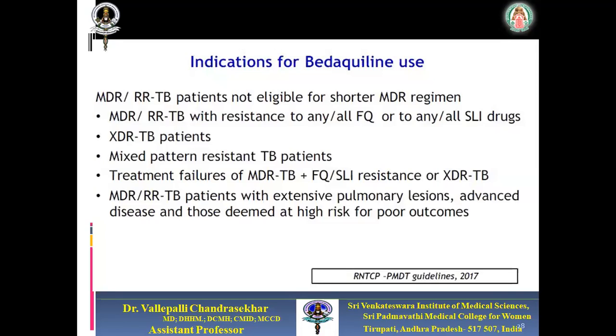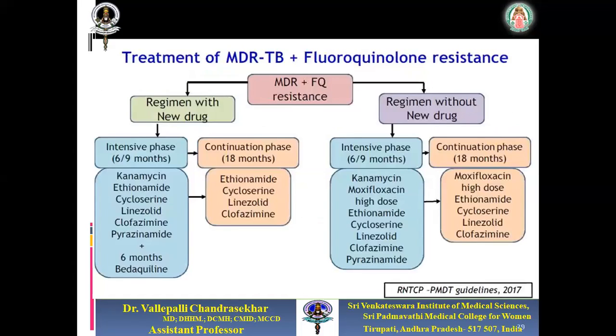Then XDR TB patients, mixed pattern resistant TB patients, treatment failures of MDR TB plus fluoroquinolone or injectable resistance, or XDR TB, and MDR or rifampicin resistant TB patients with extensive pulmonary lesions, advanced disease and those deemed at high risk for poor outcomes. So these are the different indications where we can use bedaquiline.